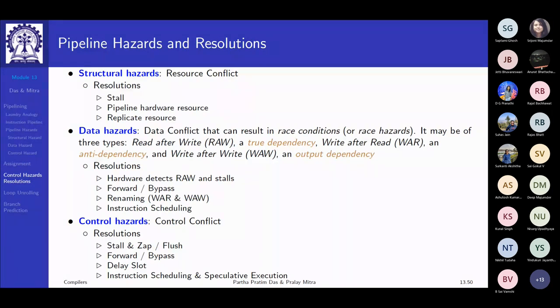The second that we have discussed is special hardware for forwarding and bypassing that is provided in the pipeline. Forward or bypass works on the principle that when I need to read something from a register, I may not actually wait till that register is written back. Internally in the hardware, that result may have got generated.